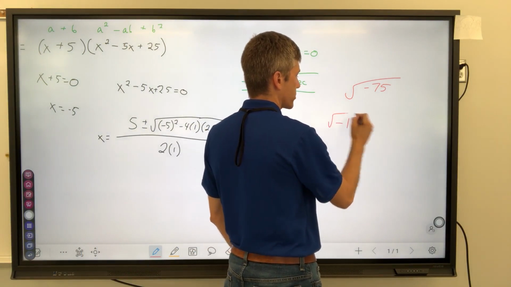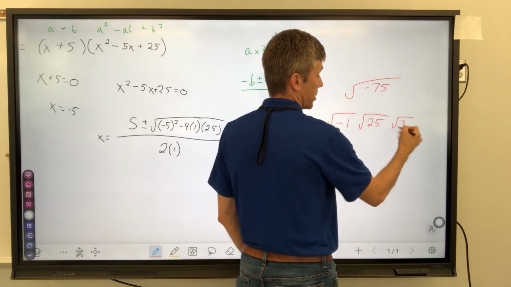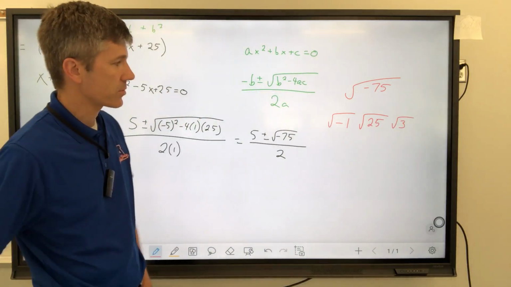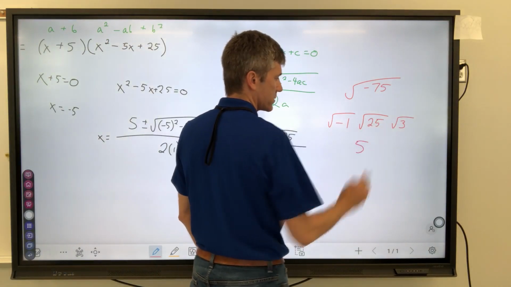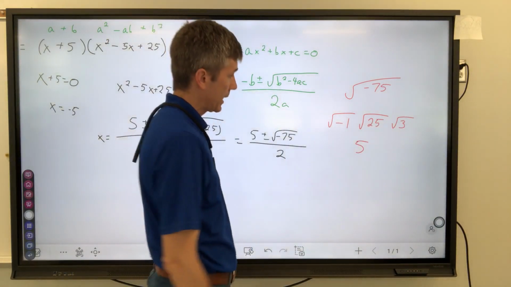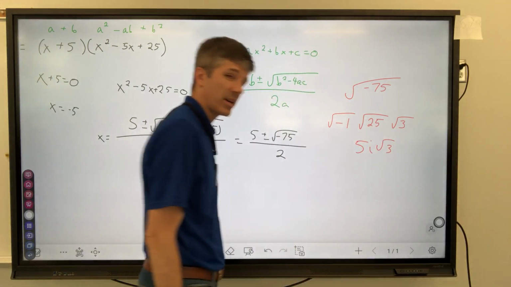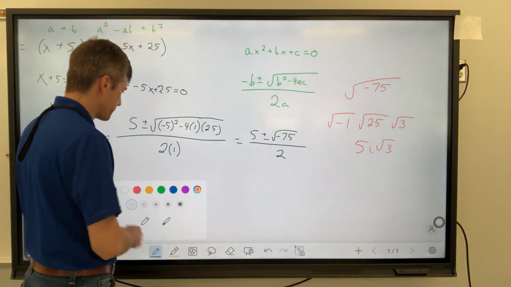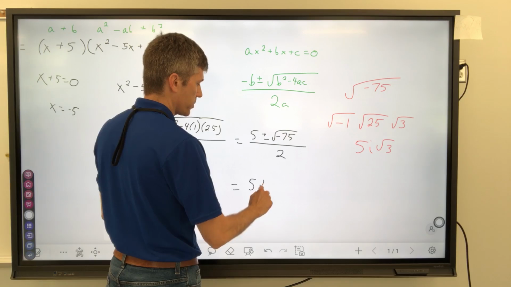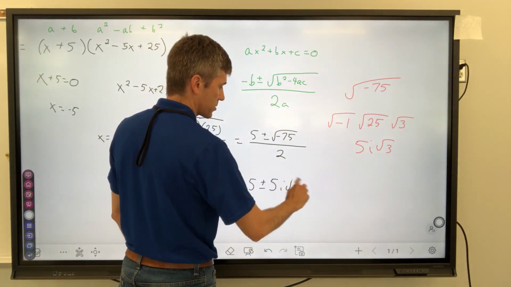Let's break this up into a perfect square times a non-perfect square, 25 times 3. 25 is 5 when you square root it, and the square root of negative 1 is i. The square root of 3 is irrational, so we leave it under the radical. So my final answer for this one is going to be 5 plus or minus 5i square root of 3, over 2.